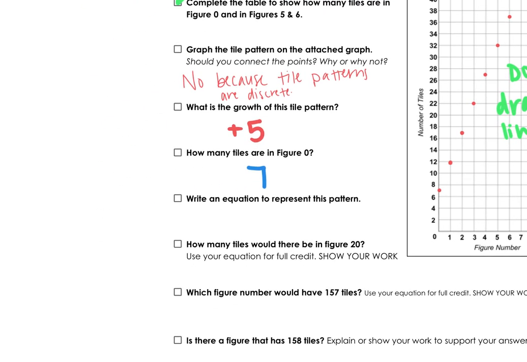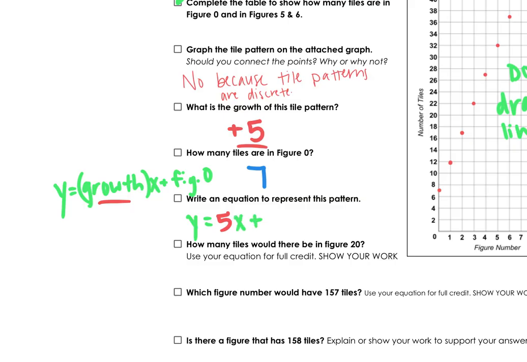Just as a reminder, our equation is always in the form y equals our growth times x plus the tiles in figure 0. So we have y equals 5x plus 7.